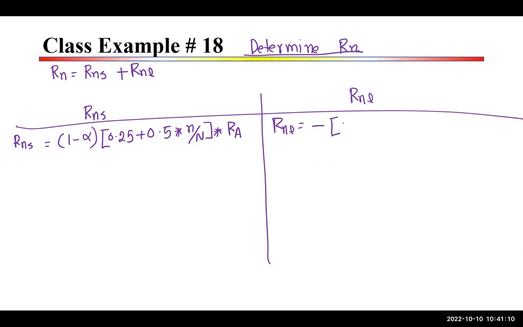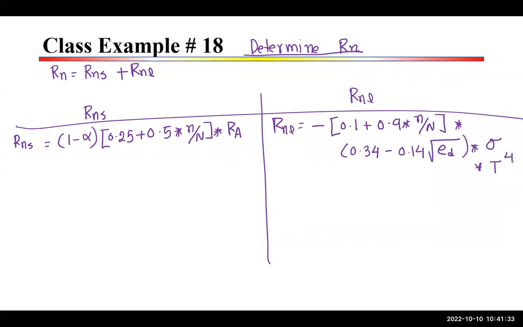Negative, 0.1 plus 0.9 n over N, 34.14 minus PE, sigma T to the power 4. Okay. Now, one thing, that ED here is actually EZ. Like you already have the value for EZ.